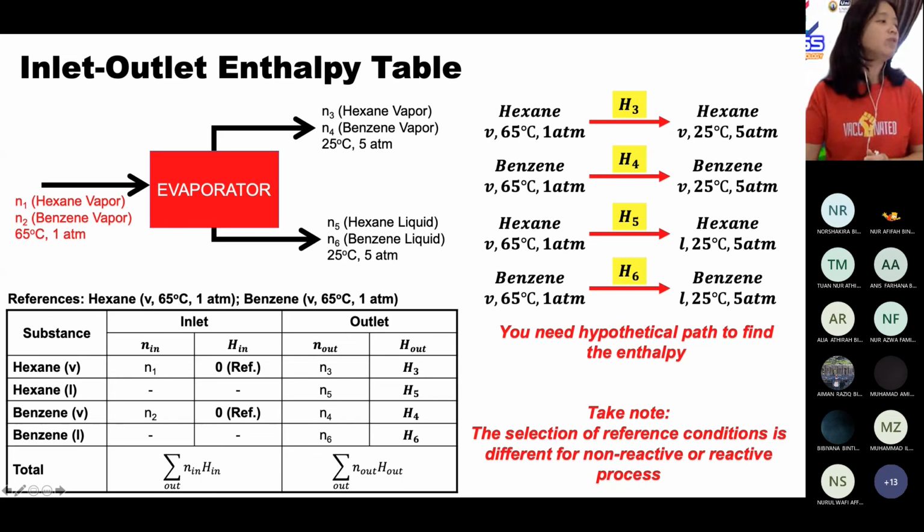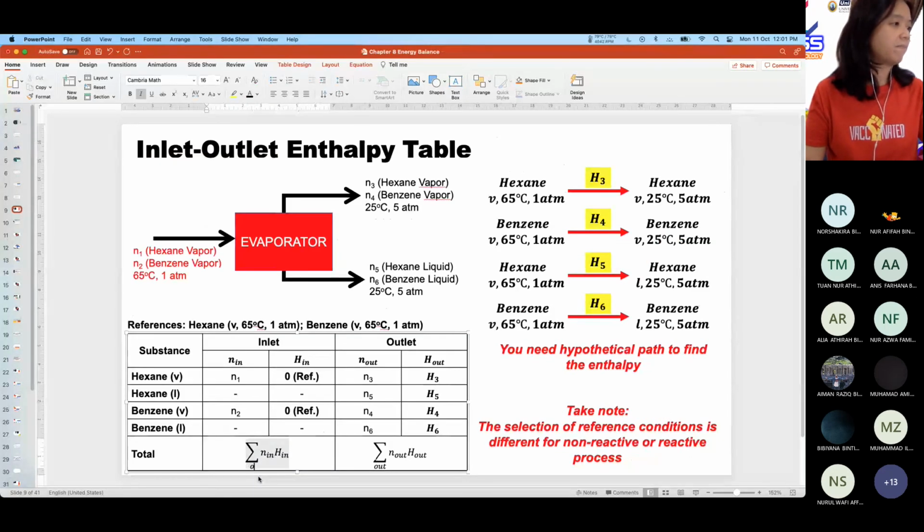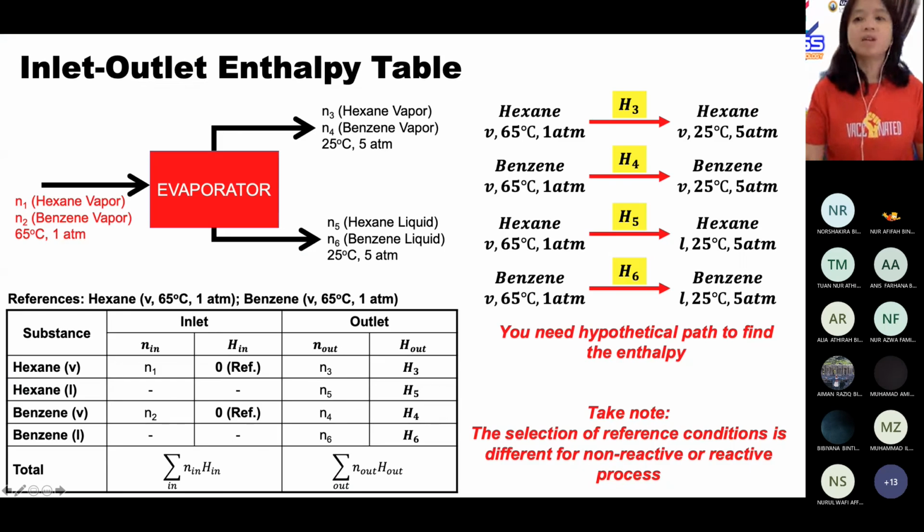Then you will calculate the total enthalpy in. Sorry, ni yang salah. Total enthalpy in, bukan total enthalpy out. This one should be total enthalpy in. Okay. So then you will calculate total enthalpy in. How to calculate total enthalpy in?